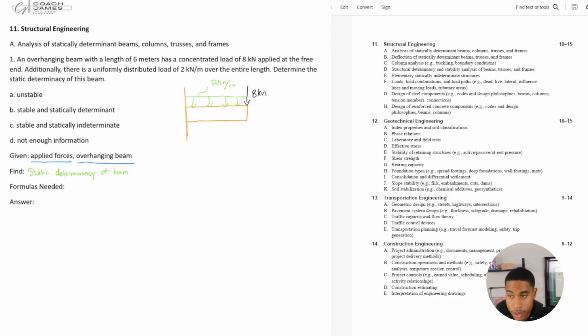Okay, so what formulas might we need for this? If you don't know, which I'm going to pretend as if I don't know, I would start by looking through the handbook. If I'm trying to find static determinacy, the best thing to search would be determinacy, to figure out what that even is.